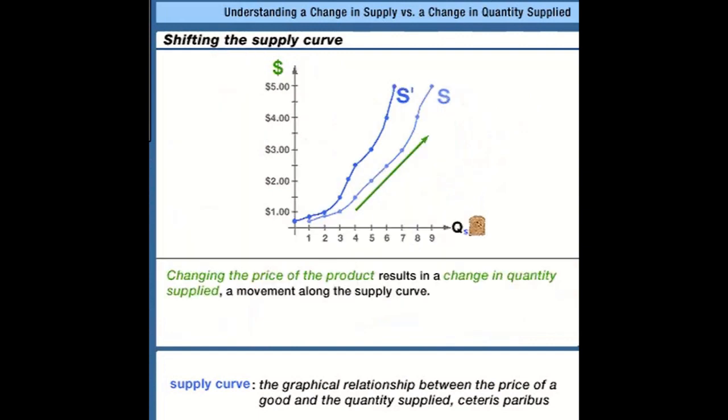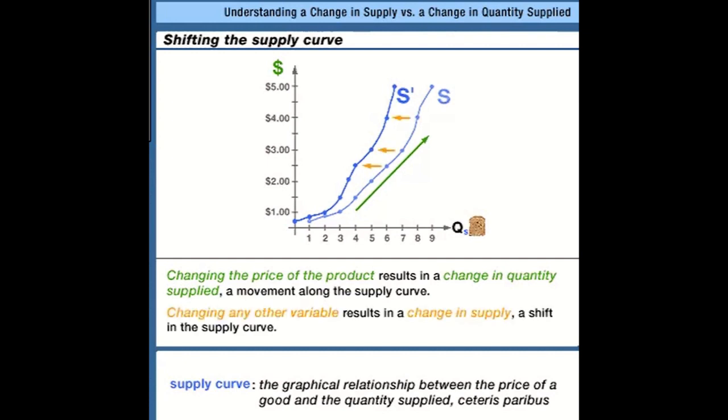But if you change one of those variables that we hold constant when we draw the supply curve, then you have to shift the supply curve. The entire relationship between price and quantity changes for that baker because input prices have increased. We call this change in one of those variables and the shift in the supply curve a change in supply.